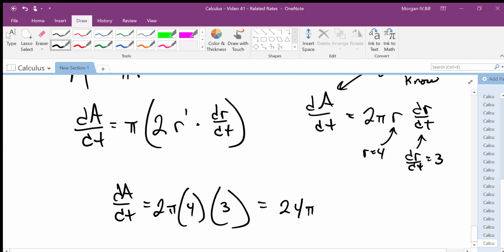Now the units here: it was 4 centimeters, it was 3 centimeters per second. So that's centimeters squared per second, which should make sense for area. Change of area is how much the area changes, centimeters squared per second. So we get 24 pi centimeters squared per second. Or if you want to multiply that out times the pi, you get about 75.4 centimeters squared per second.